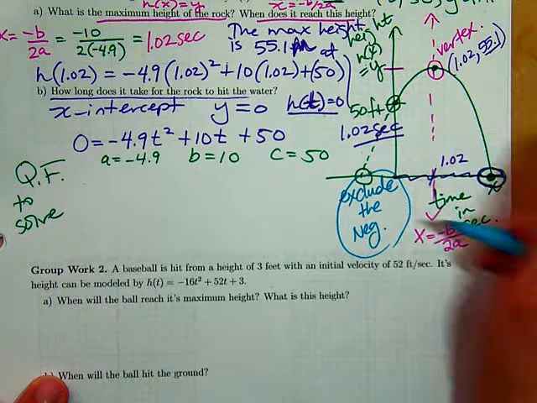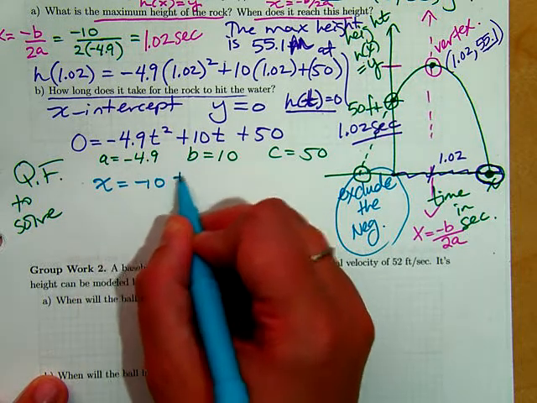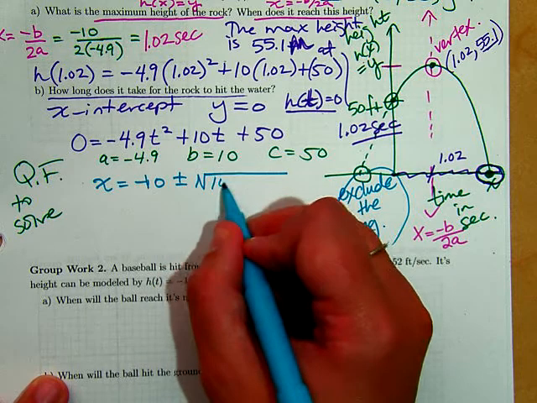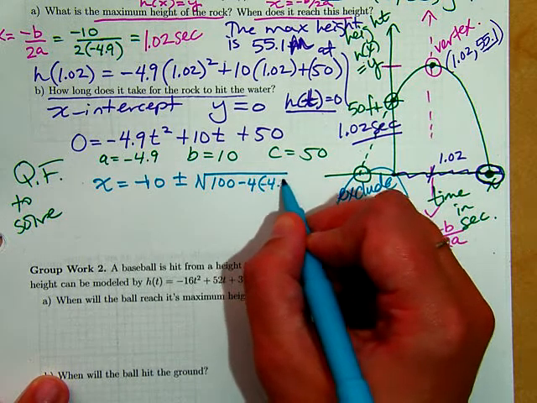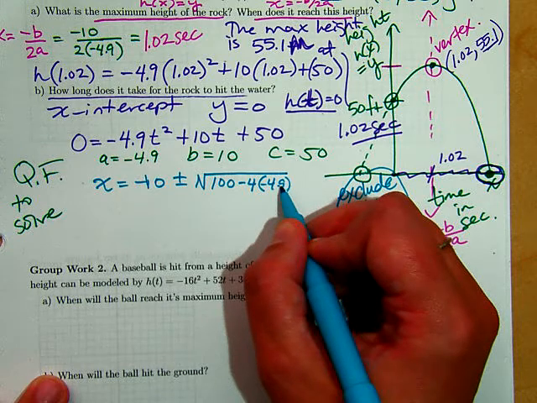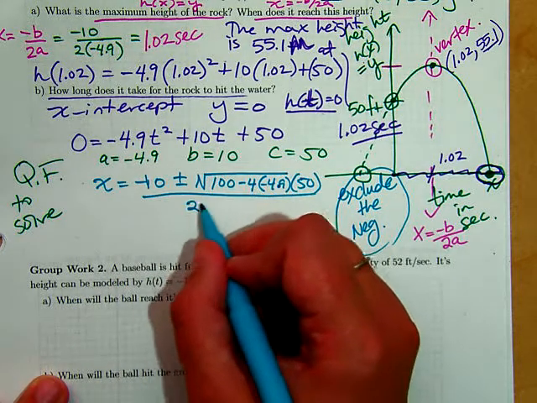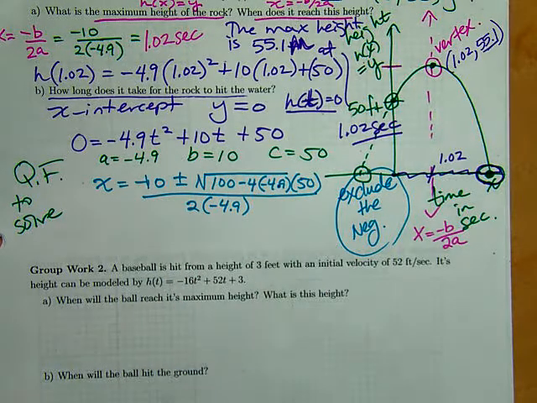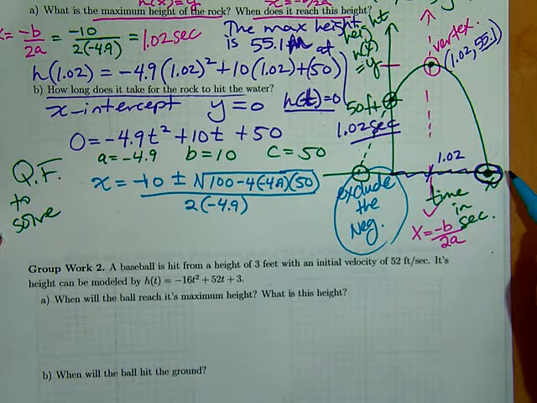And the reason why we do that, so once we go x equals negative 10 plus or minus the square root of 100 minus 4 times a times c, all over 2 times negative 4.9. Okay, so once you get those two answers, you're going to want to round, and you're going to see that one of them will be negative, one of them will be positive.